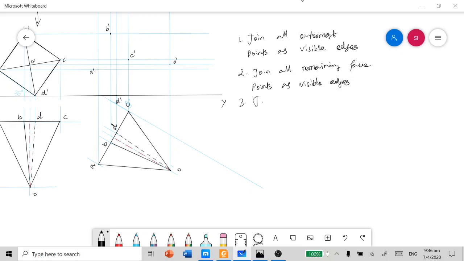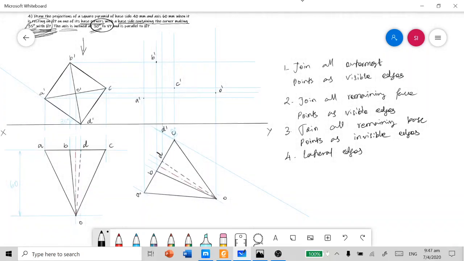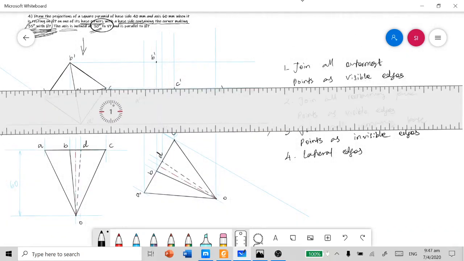And rule 3: we have to join all remaining base points as invisible edges. Finally, we have to find the nature of the lateral edges, whether they are visible or invisible, by simply seeing them. And for rule number 1, we connect all the outermost points as visible edges.